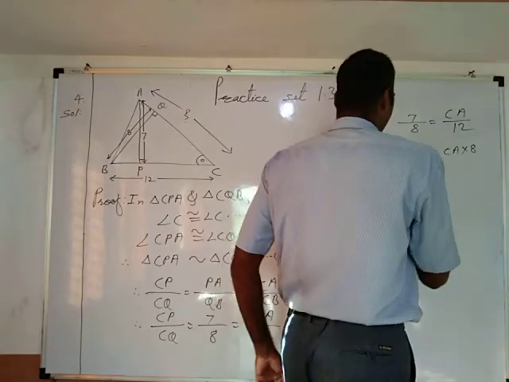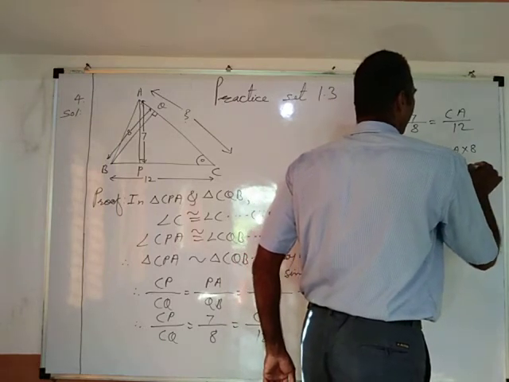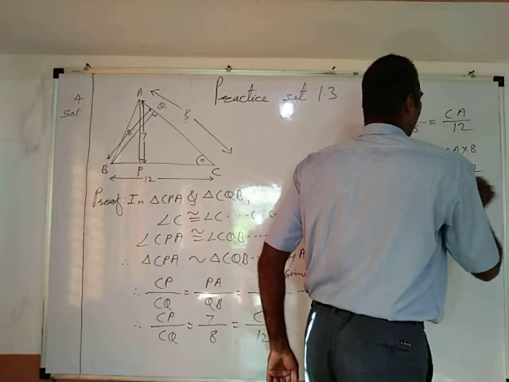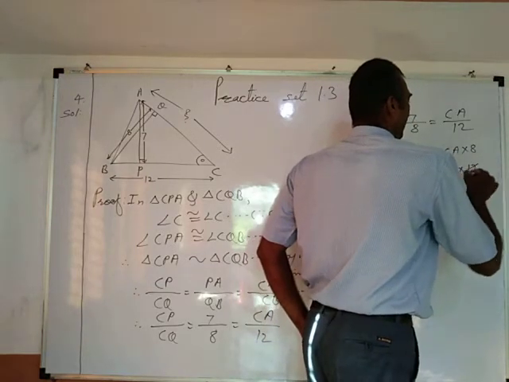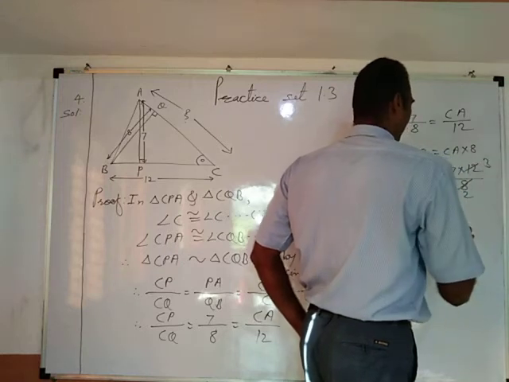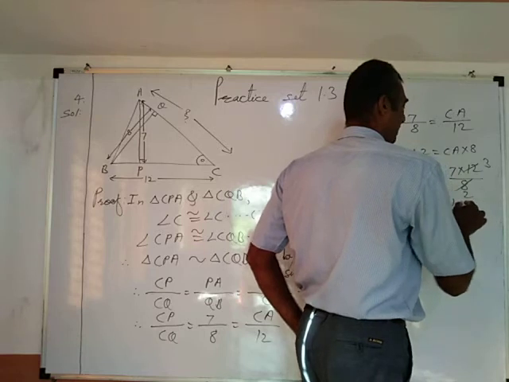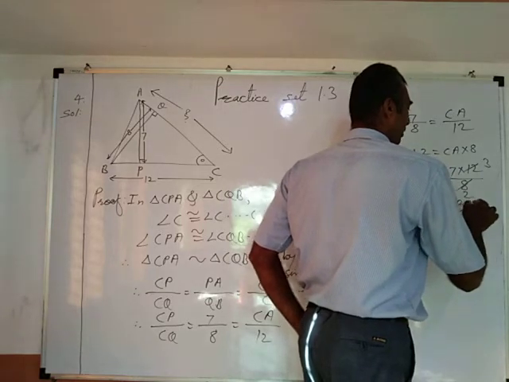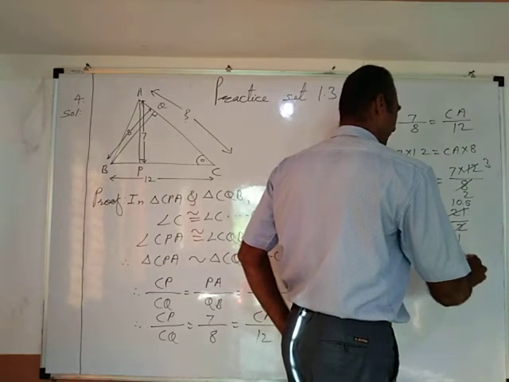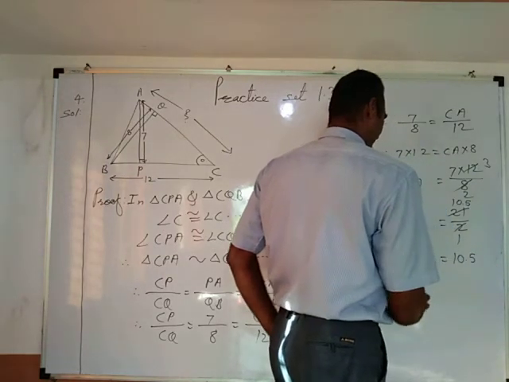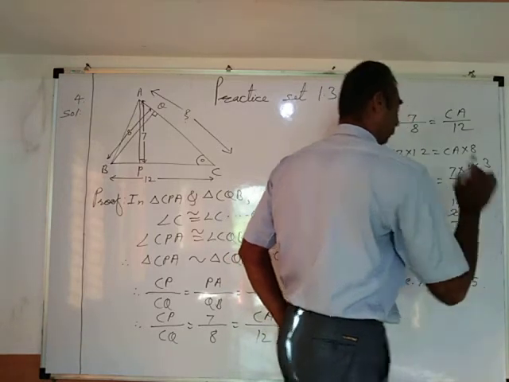Therefore CA equals 7 into 12 upon 8, which is 21 upon 2. Therefore, CA equals 10.5. That is, AC equals 10.5.